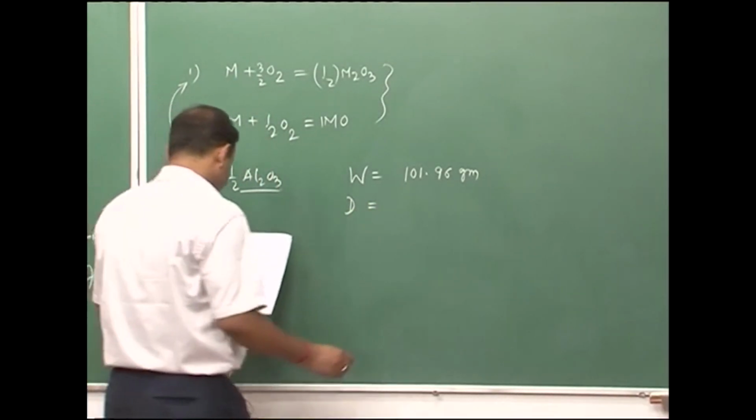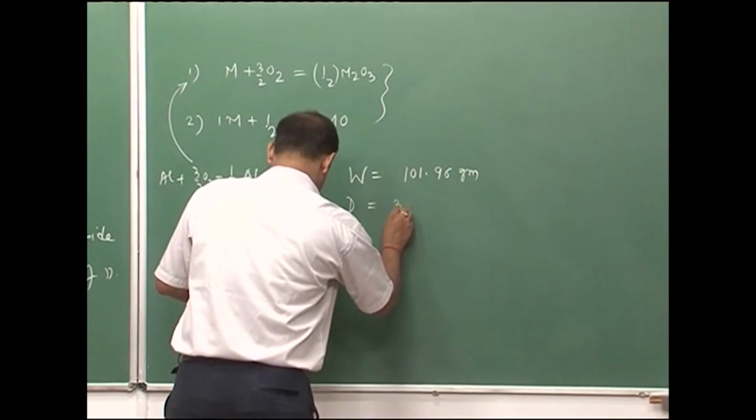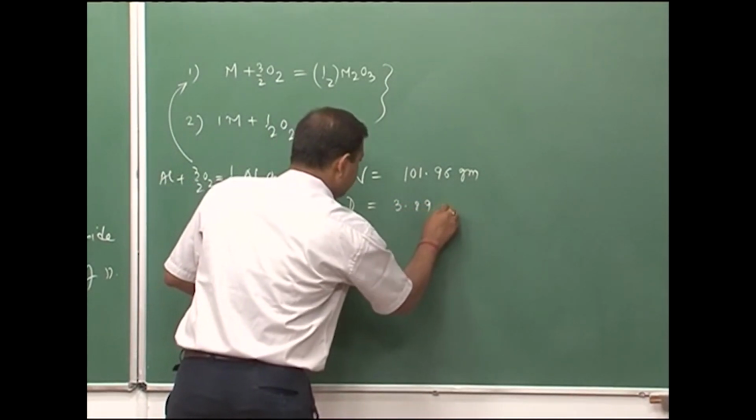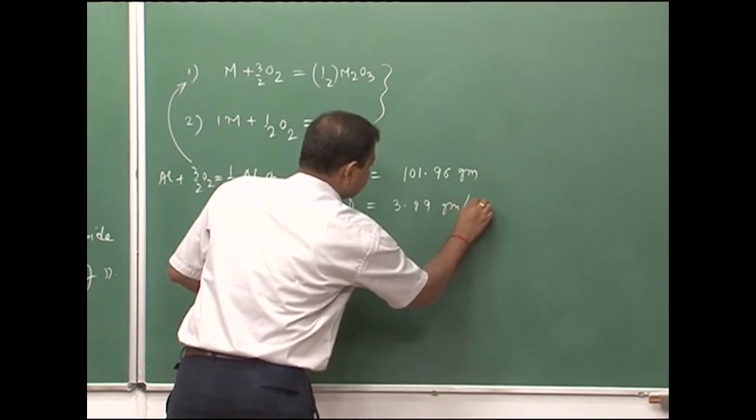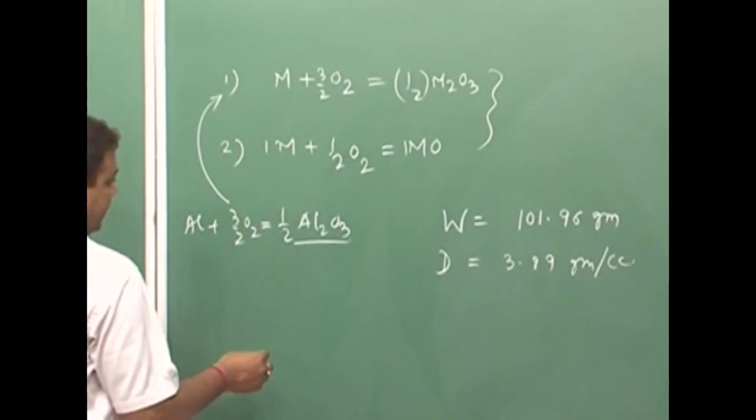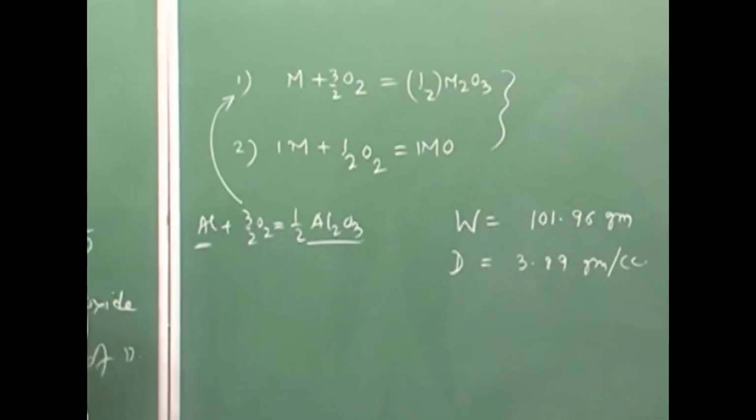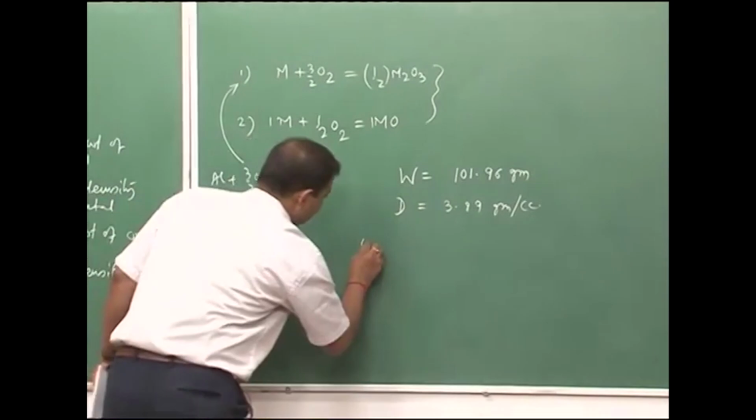The density of the oxide is 3.89 gram per cc.